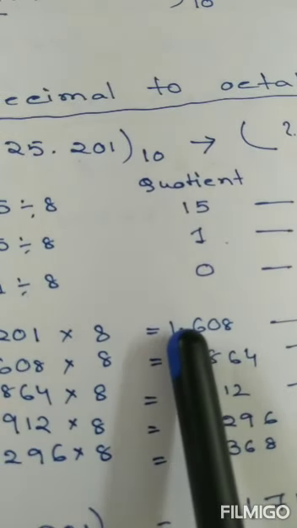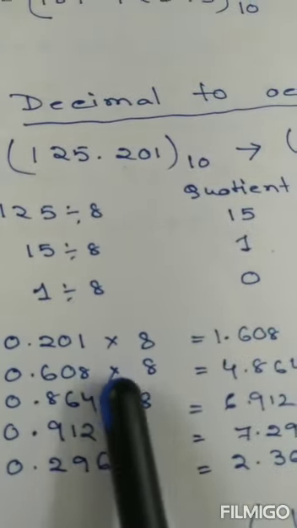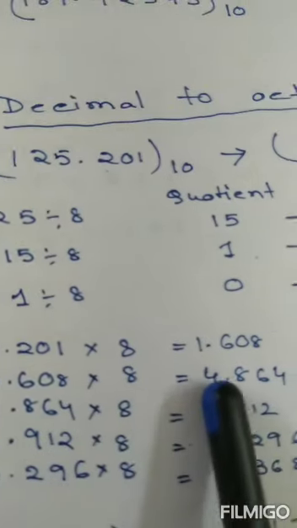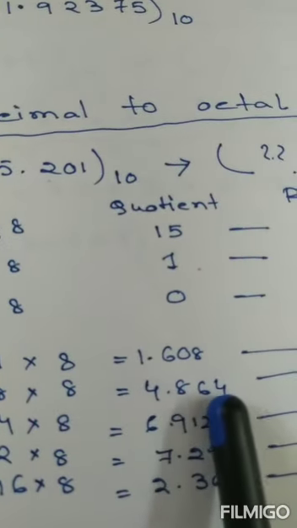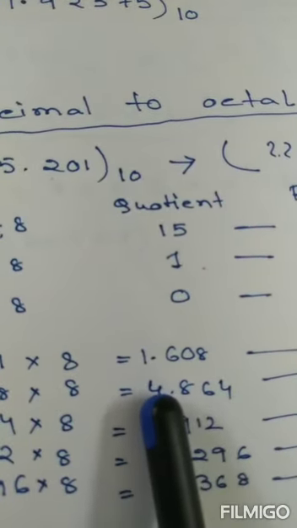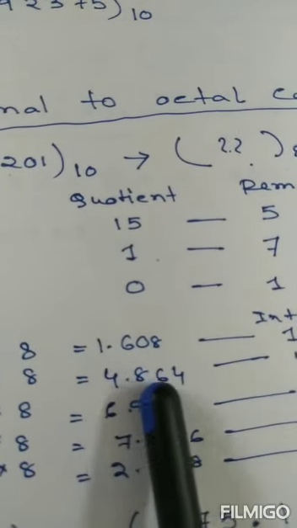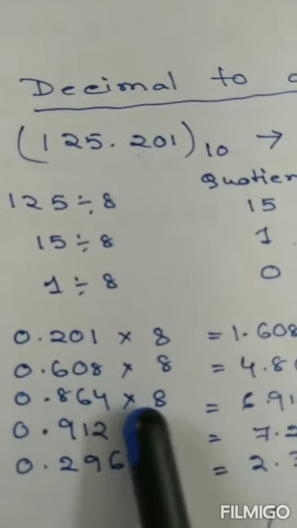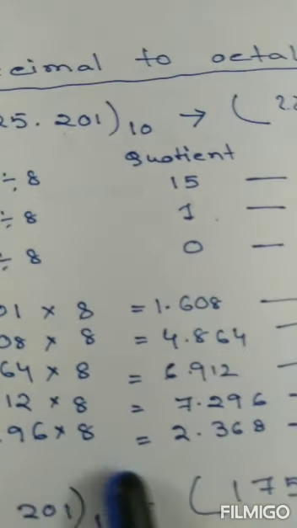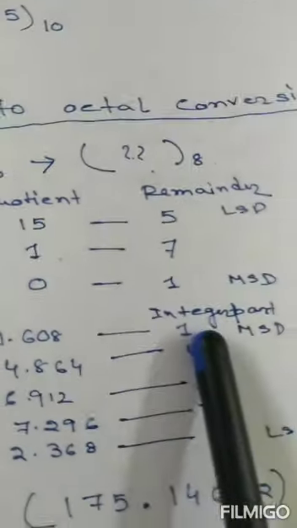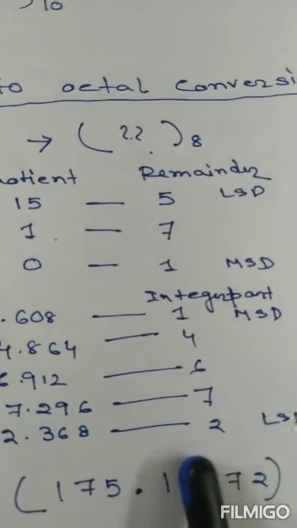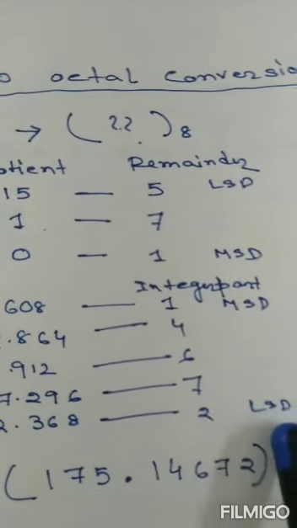Now the fraction 0.608 multiplied again by 8 is 4.864. Take the value 4 as an integer. And 0.864 again multiply with 8. In this process, this 1 is the MSD or MSB and this last one is the LSD.